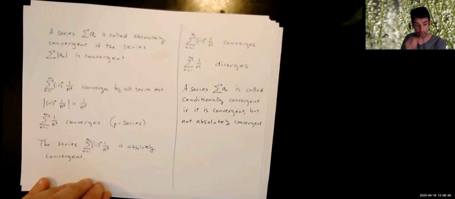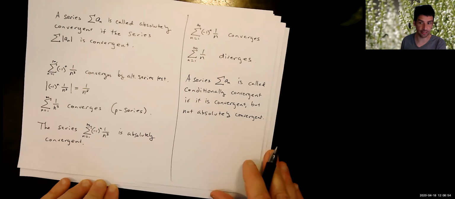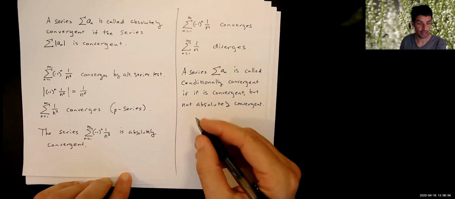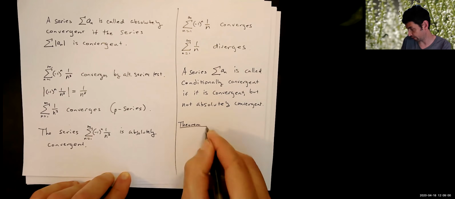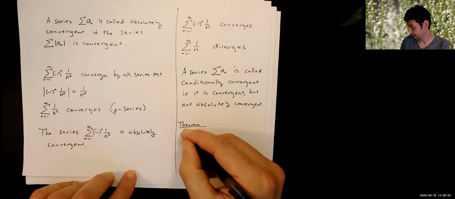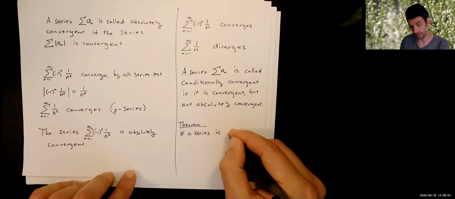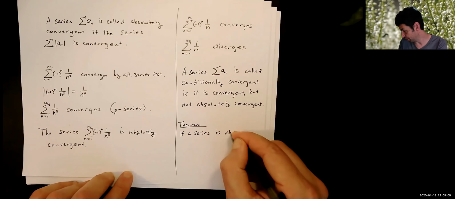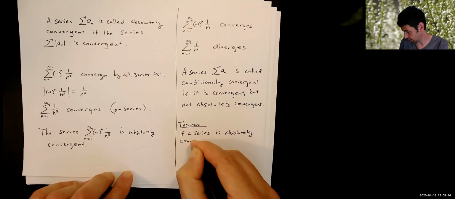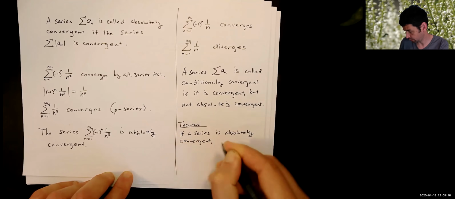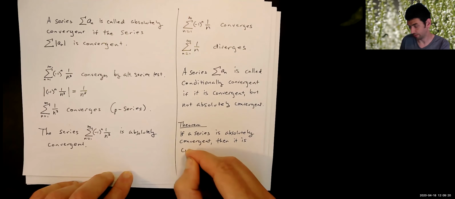Okay. However, here's maybe the key fact of this whole thing. We have a theorem. I'm not going to prove it, it's in the text. If a series is absolutely convergent, then it is convergent.